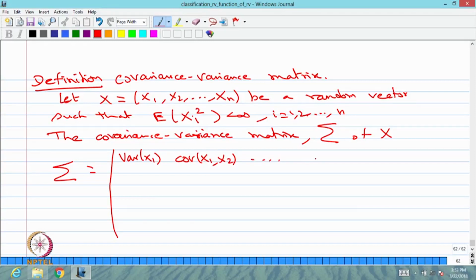The first row last element is the covariance of X1 with Xn.